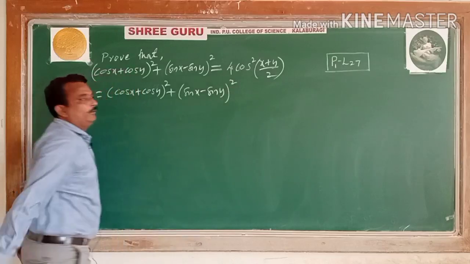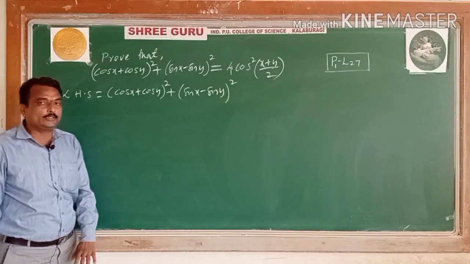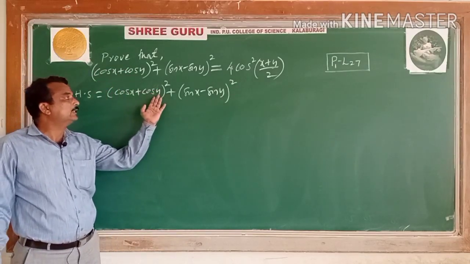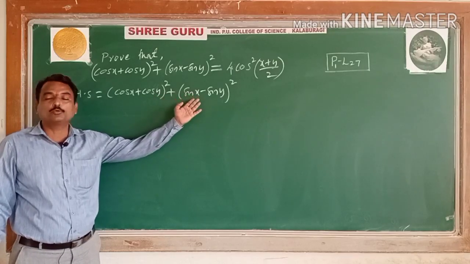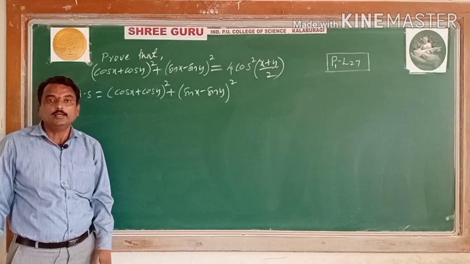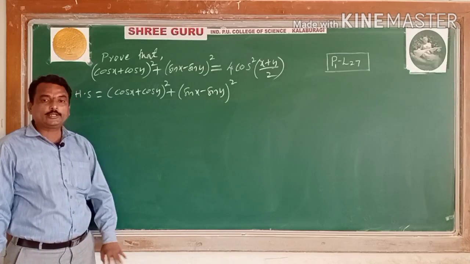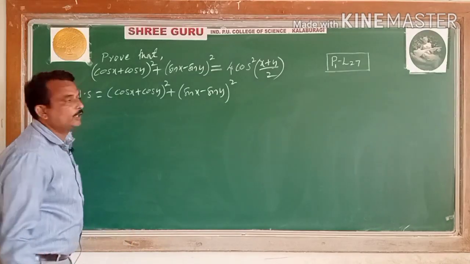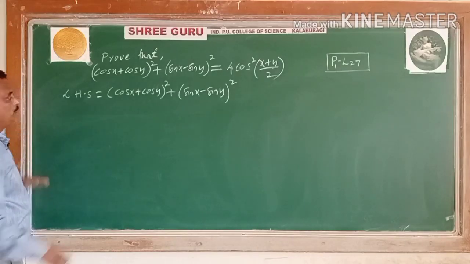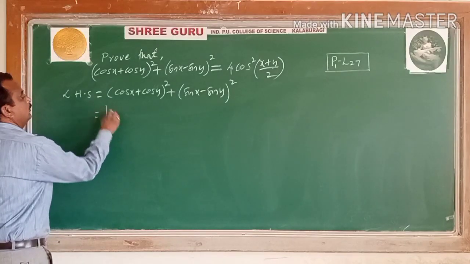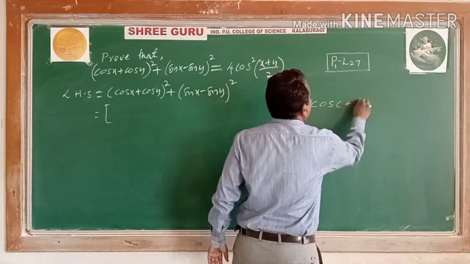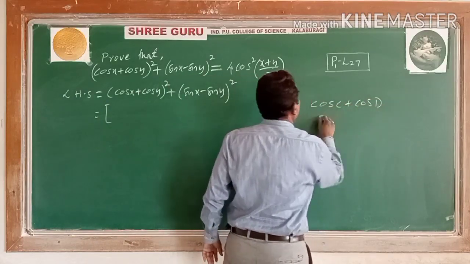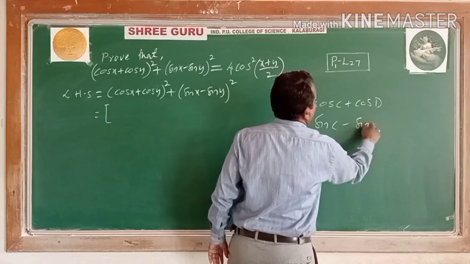See, when you have squares, you might be thinking of a plus b whole square, a minus b whole square, and expanding it like that. Don't expand like that. Within the bracket, you substitute the cos c plus cos d formula and the sin c minus sin d formula.